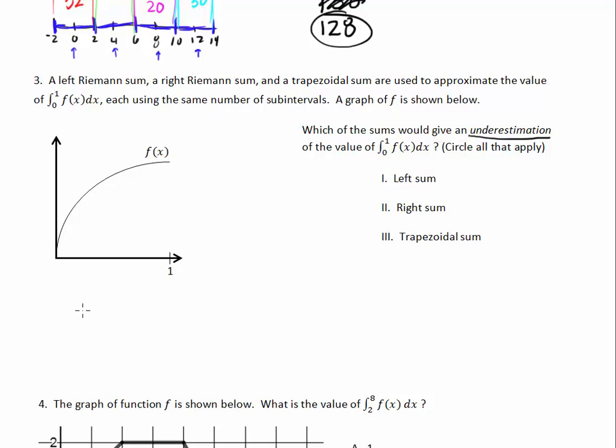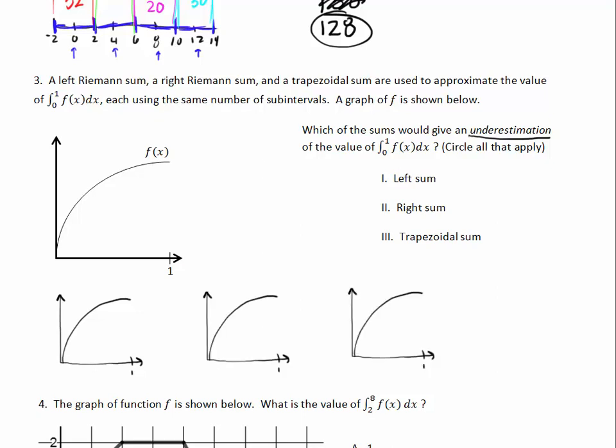So let's draw this picture 3 times. Here we go, we got this fun little curve all the way to 1. We're going to give our left sum here, a right sum here, and a trapezoidal sum here.